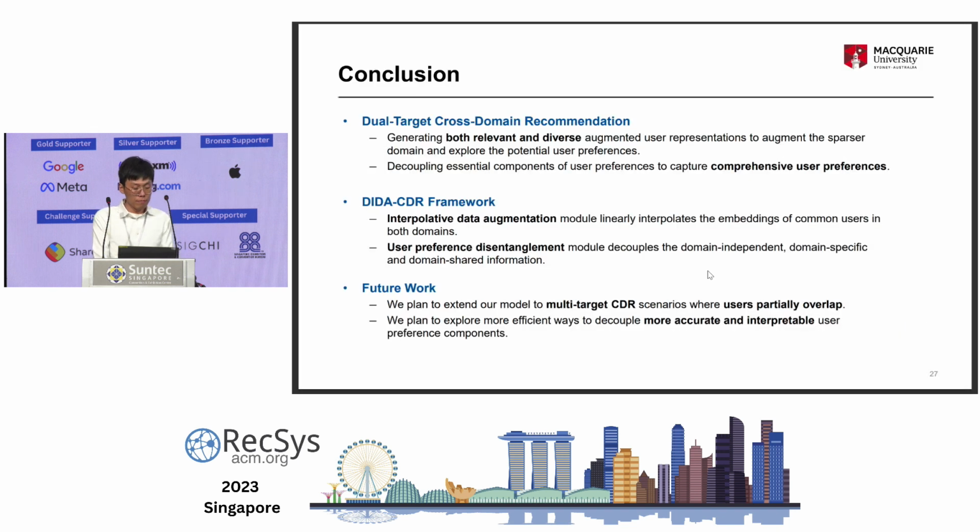To conclude, we proposed a dual-target CDR framework, which consists of an interpolative data augmentation module to generate both relevant and diverse augmented user representations to augment the sparser domain and explore the potential user preferences, and the user preference disentanglement module to decouple essential components of user preferences to capture comprehensive user preferences.